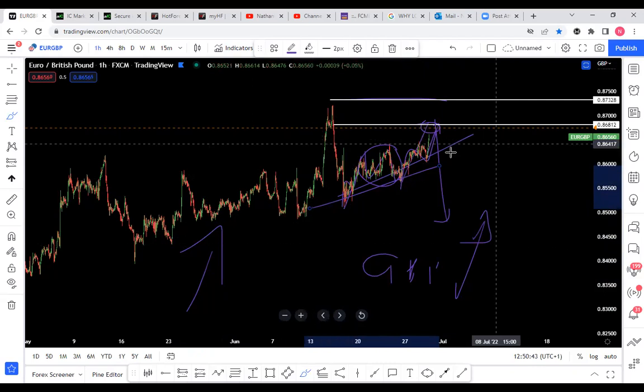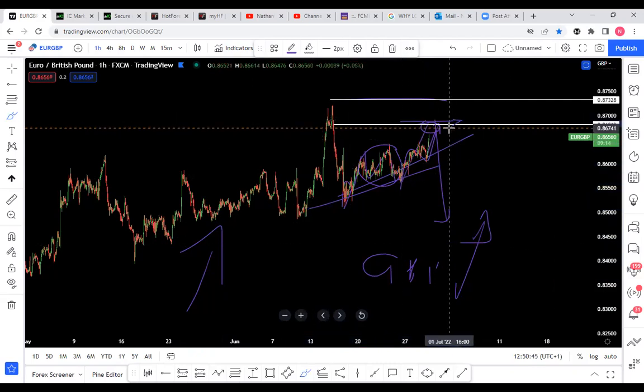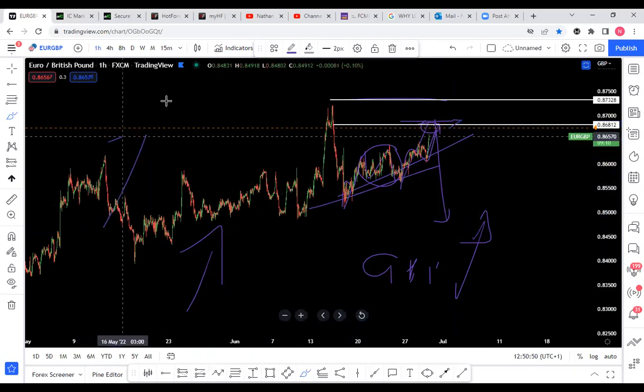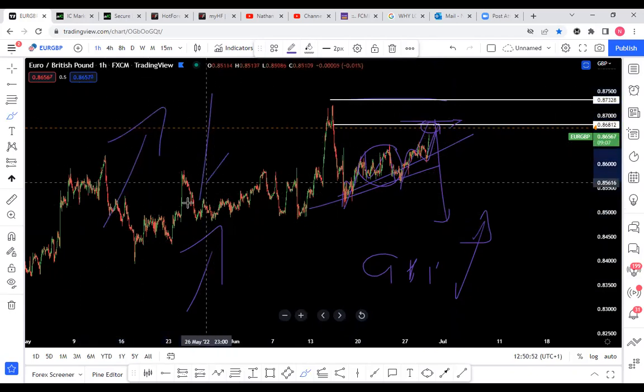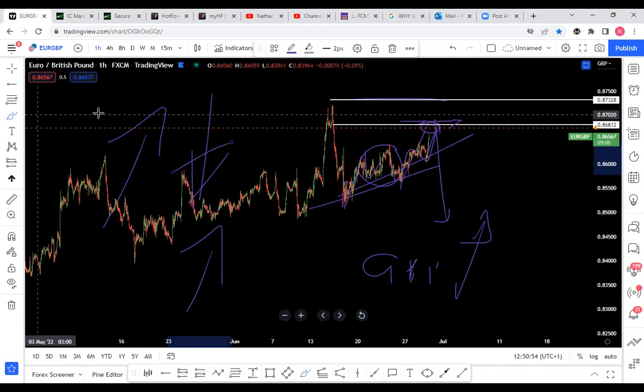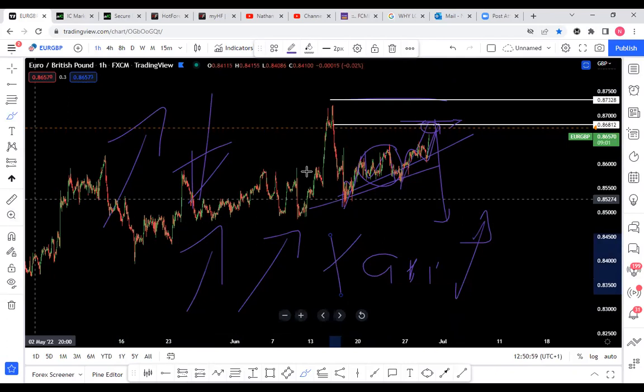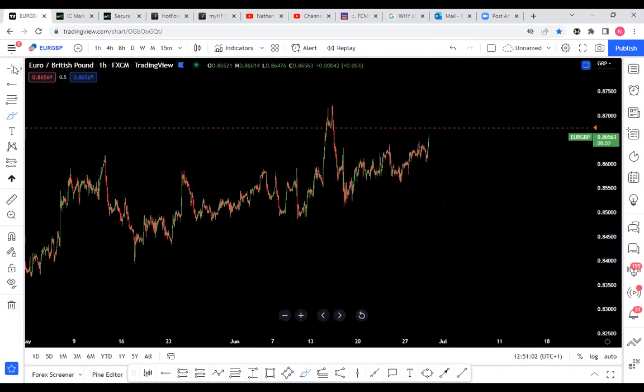Euro GBP had not completed its structure and Euro became stronger. And anything that makes Euro to be strong, GBP will be weak. It's simple. And so when GBP is weak, if you are buying GBP CHF, it's going to fail. That's just it. So somebody will now say, if that is the case, why did you go in?